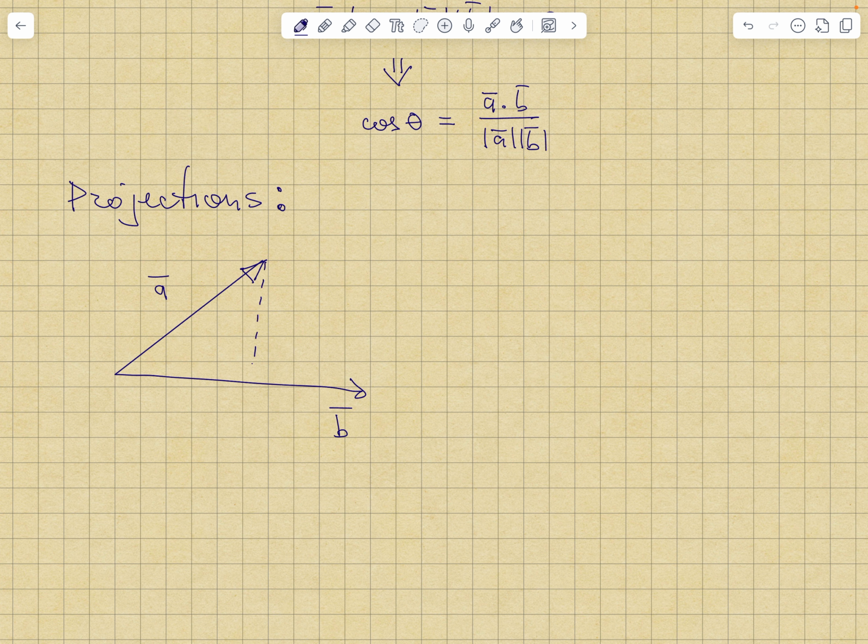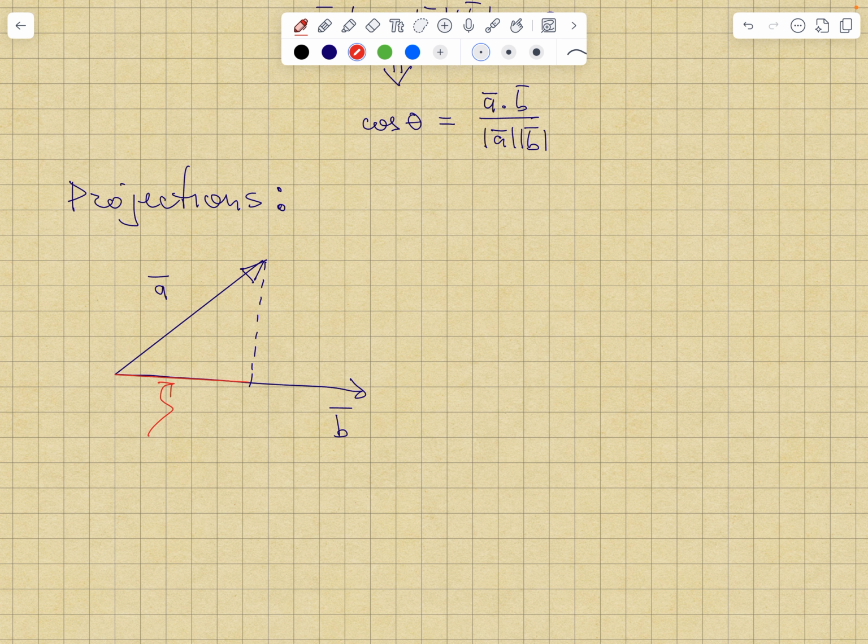The first thing: if you shine the light in a direction perpendicular to the vector B, and you want to find the length of the shadow of a vector A, so you want to determine the length of this segment.